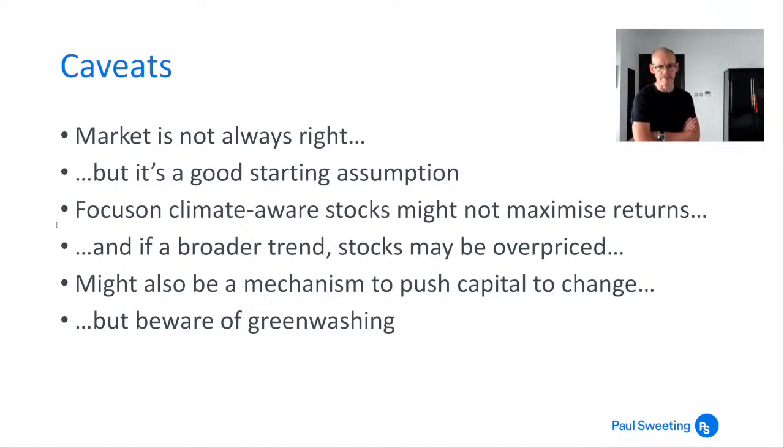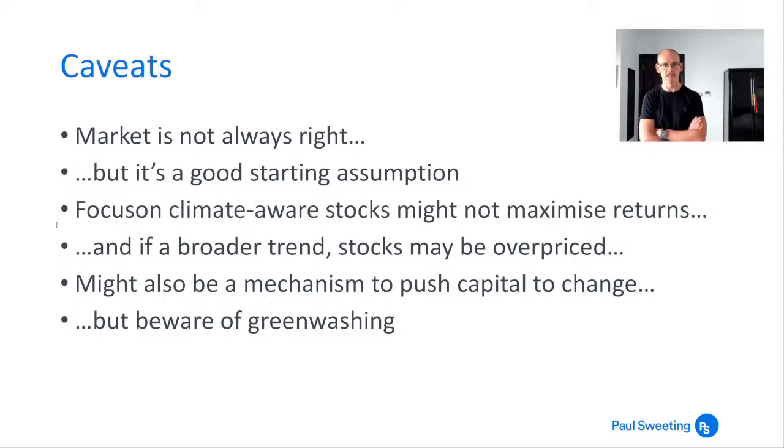Some of the caveats, though. The first caveat I'd have is around trying to make money out of a, say, climate-aware strategy. The market is certainly not always right, but trying to work out how the market is wrong is really hard. That's why it's difficult to pick active managers, because if active management was easy, then more active managers would be right more of the time, and they're not necessarily.